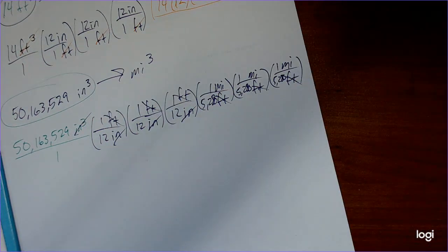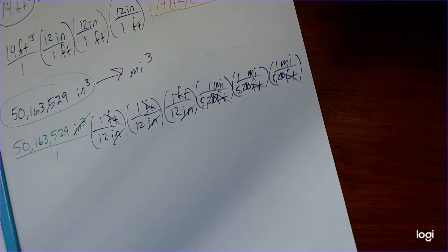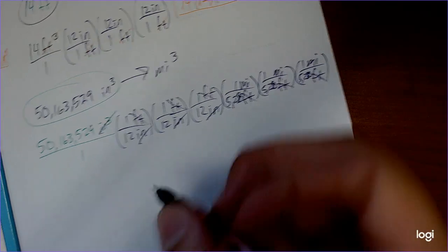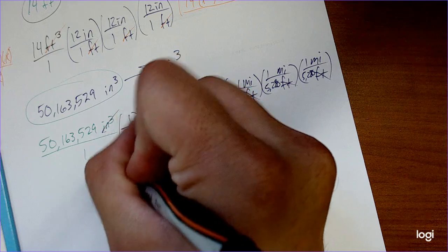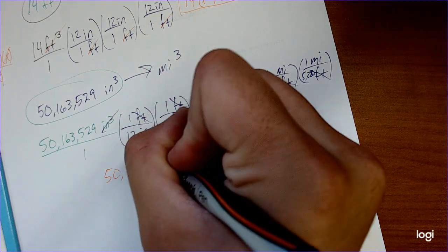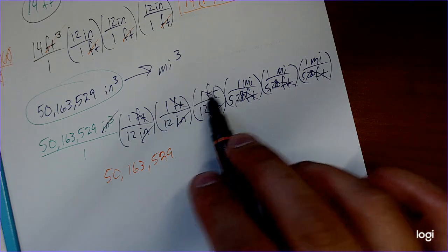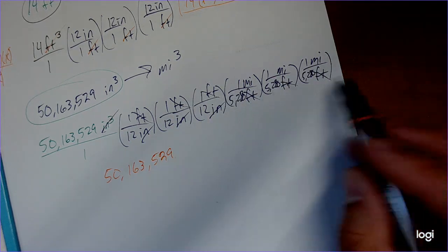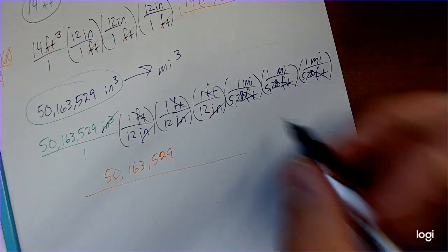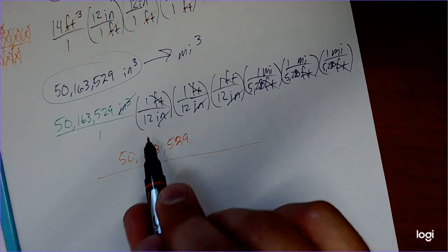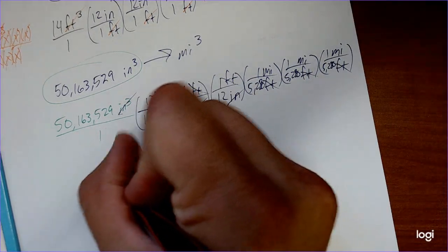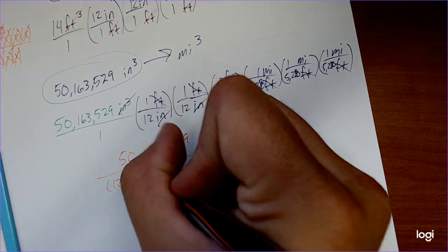What does this do for my final answer? For my final answer, I'm still going to have my starting number, 50,163,529. Now, if I look at the numerator, there's only 1, 1, 1, 1, 1, 1. So there are no numbers in the numerator other than 1, and 1 I'm not going to write down. In the denominator, I have 12, 12, 12, so I'll go ahead and put 12, 12, 12.